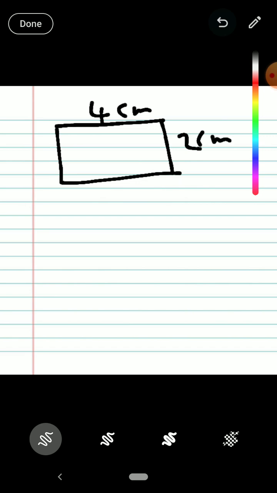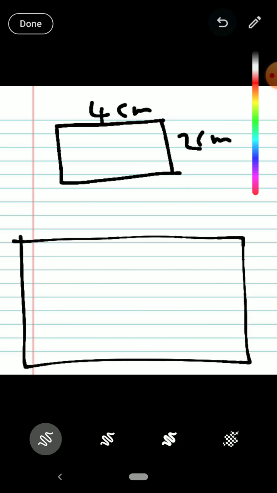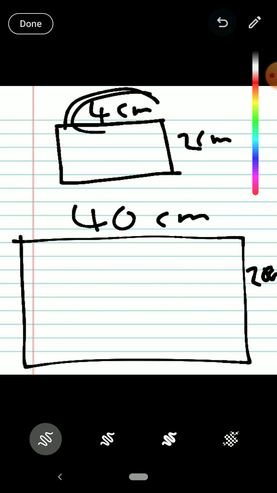This is on paper. Then in actuality, let's say it's 40 centimeters and 20 centimeters. So yes, it's easy to compare the dimensions.